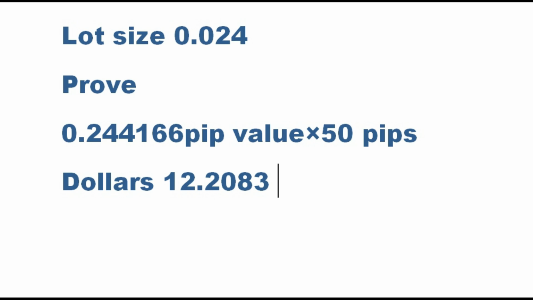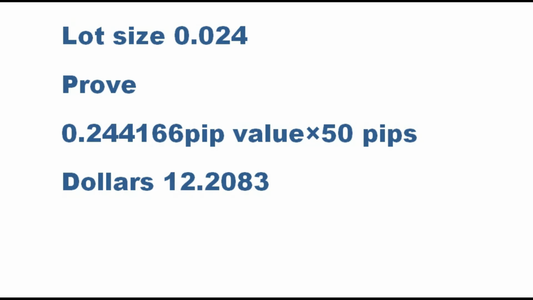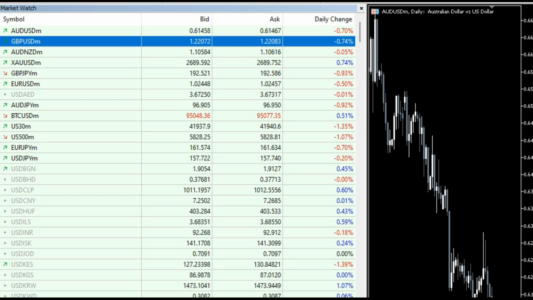Since the pound is greater than the dollar, that's why we divide, and if we want to convert the dollars into pounds, we divide by the exchange rate of pound USD, which is 1.22083. So let us convert this by dividing by 1.22083.